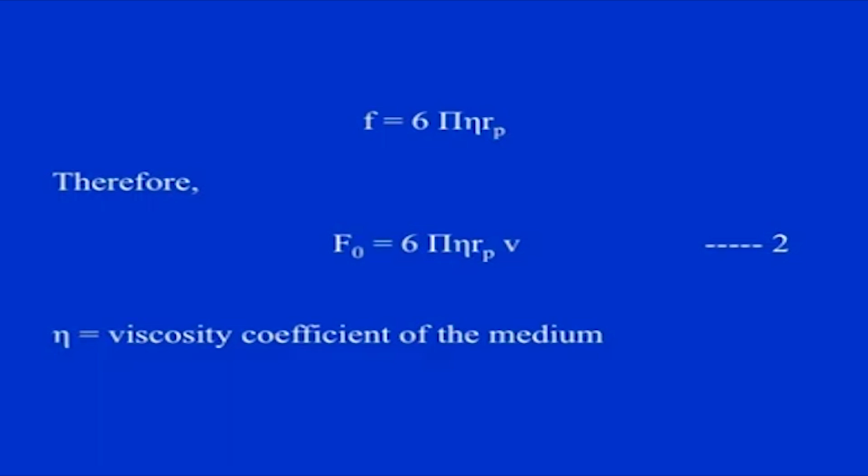So, your opposing force or frictional force becomes this equation, where you have put in the velocity also. So, frictional coefficient into velocity, that is the viscous drag, comes into play as soon as the particle starts accelerating into the solution due to the applied centrifugal field.